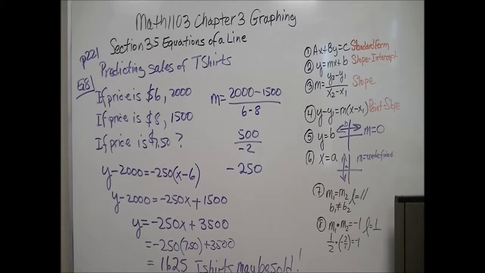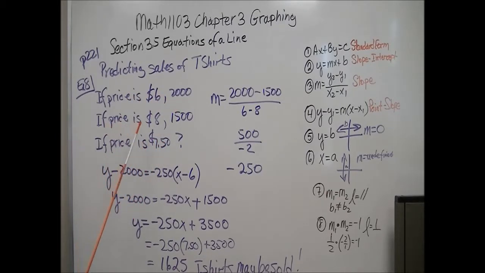This one's a little wordy and takes a little while, so to shorten it, I've summarized it. We want to predict the sales of t-shirts. Now, they tell us that if the price of the t-shirts is $6, they expect to sell 2,000.